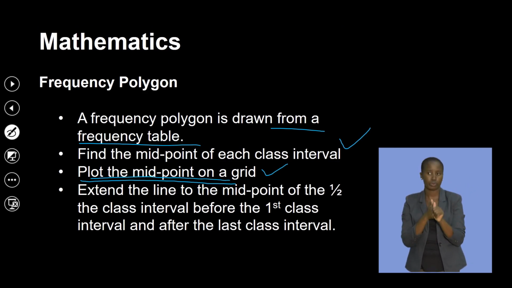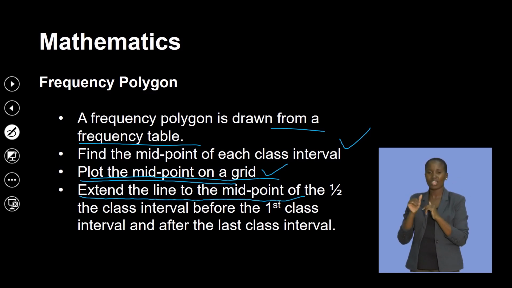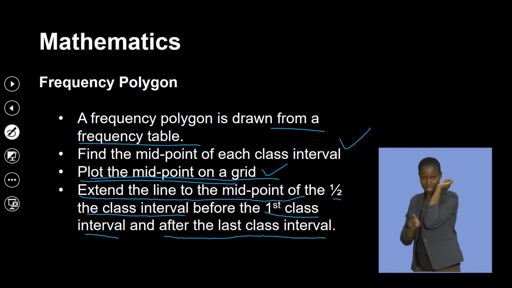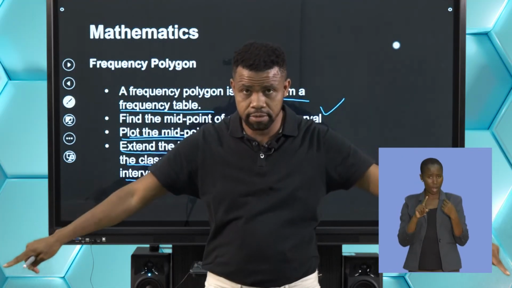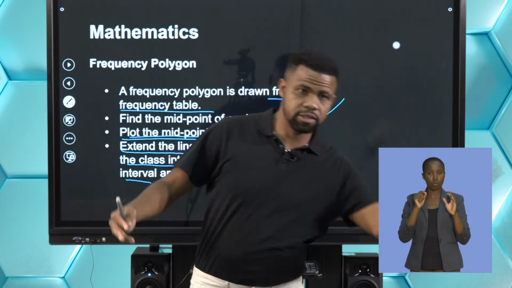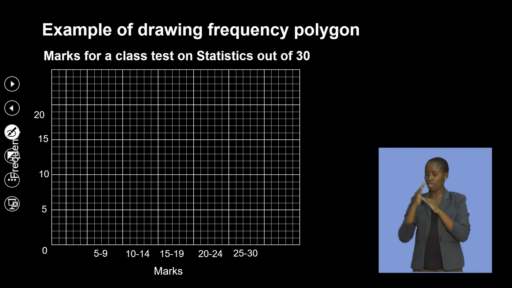Then extend the line to the midpoint of half the class interval before the first interval and after the last class interval. We're just extending our line half an interval both ways, at the start and at the end. Let's see how it looks.